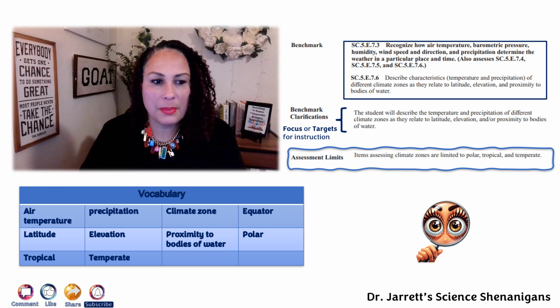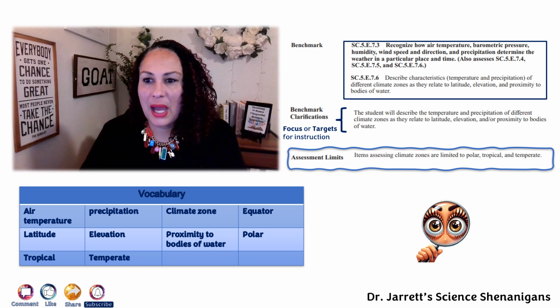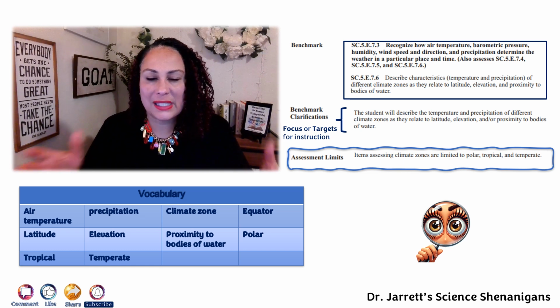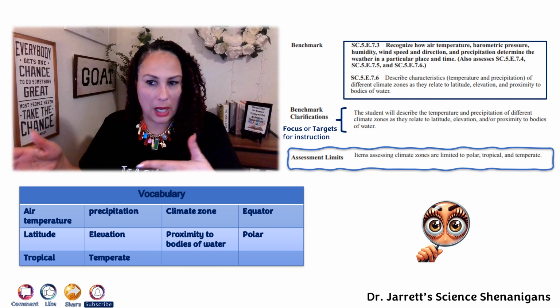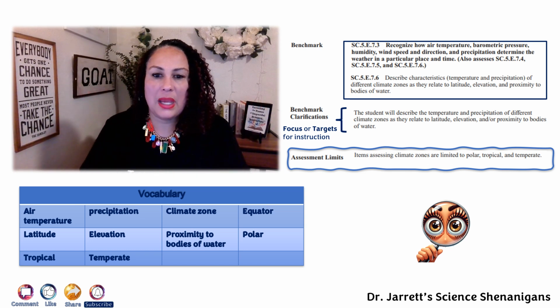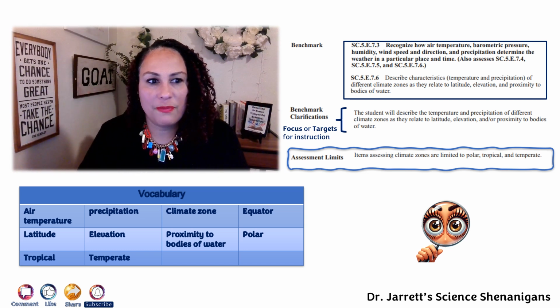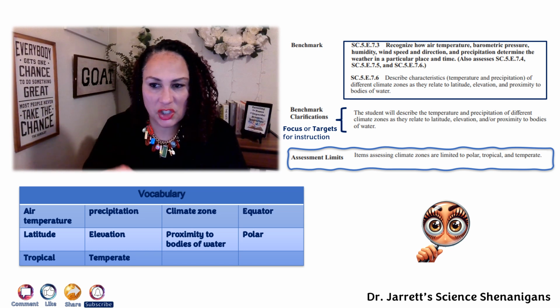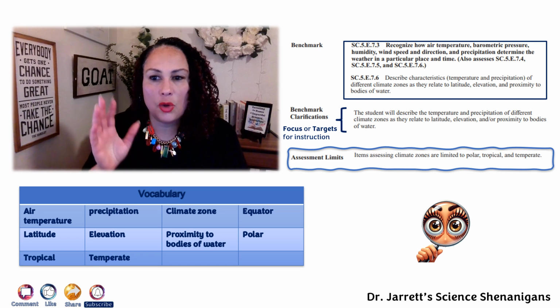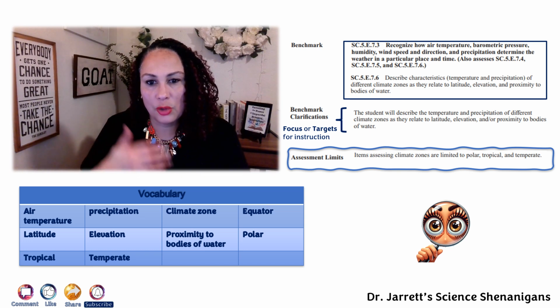And the proximity to the bodies of water. How close is the land to the water? That would be a determining factor for this benchmark as well. Determining meaning what is the precipitation and what is the temperature in those areas.